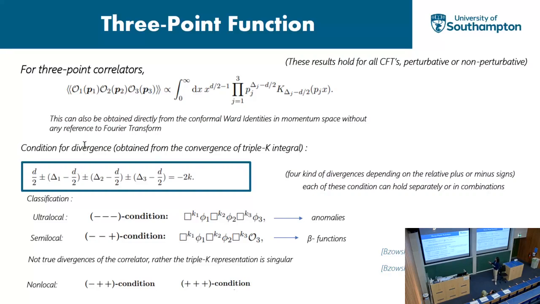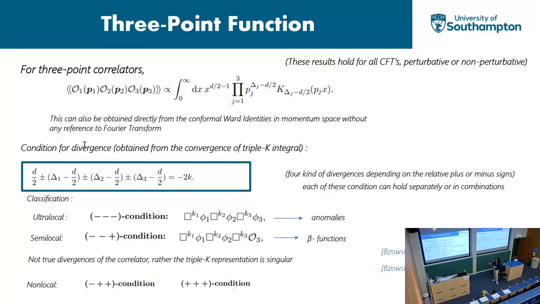Now once we analyze the region of divergence of this integral, it turns out that from this x goes to 0 limit, there will be some divergences that show up in this 3-point correlator, and this is the condition of divergence that has been derived. So this condition can hold for various possible combinations of relative plus and minus signs. So there are essentially 4 kinds of divergences, and each of these conditions can hold separately or in various combinations.